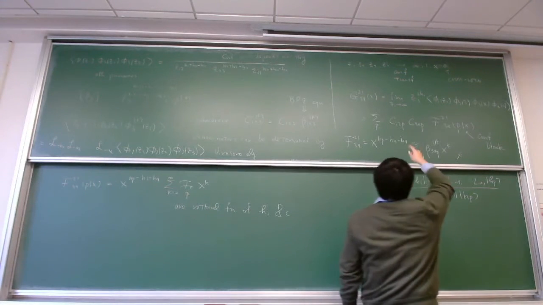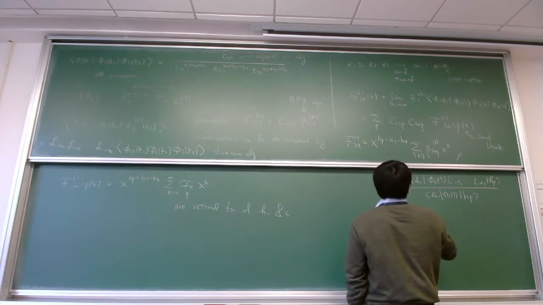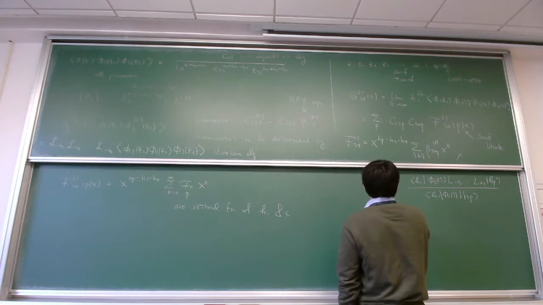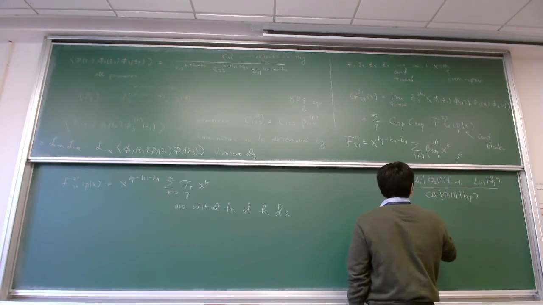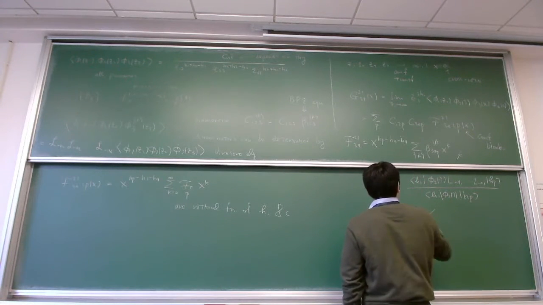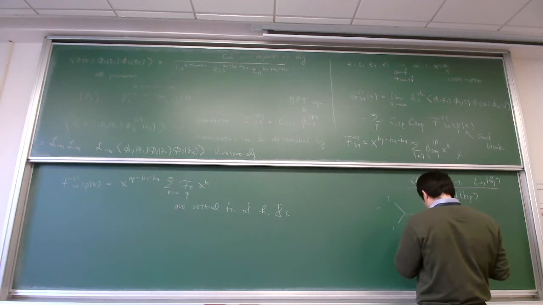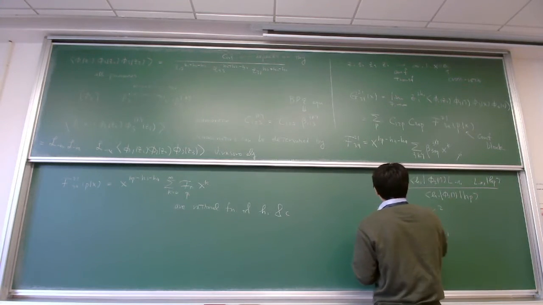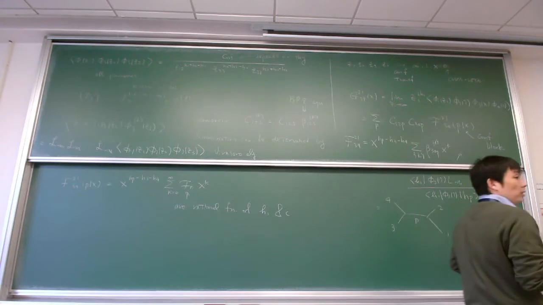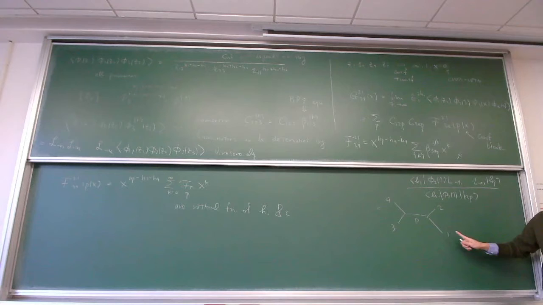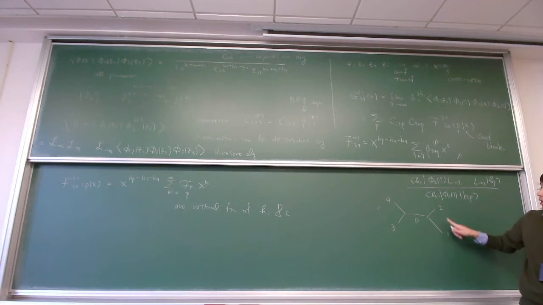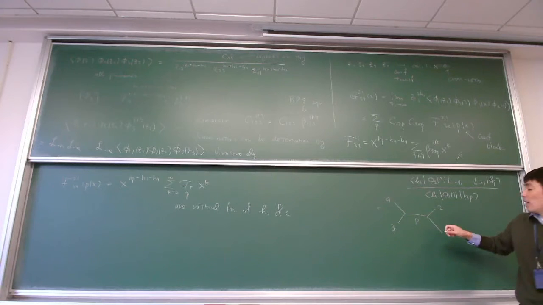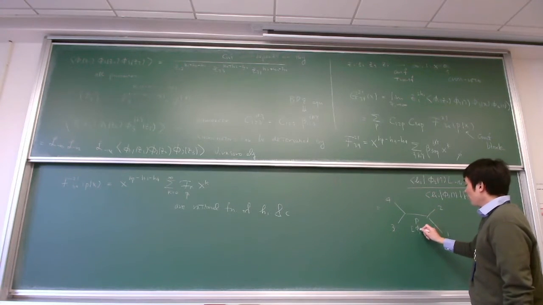So you can consider this as you just fuse. Schematically, this can be understood as p in the fusion of 1 and 2. You just fuse 1 and 2 and get this conformal family of phi p.